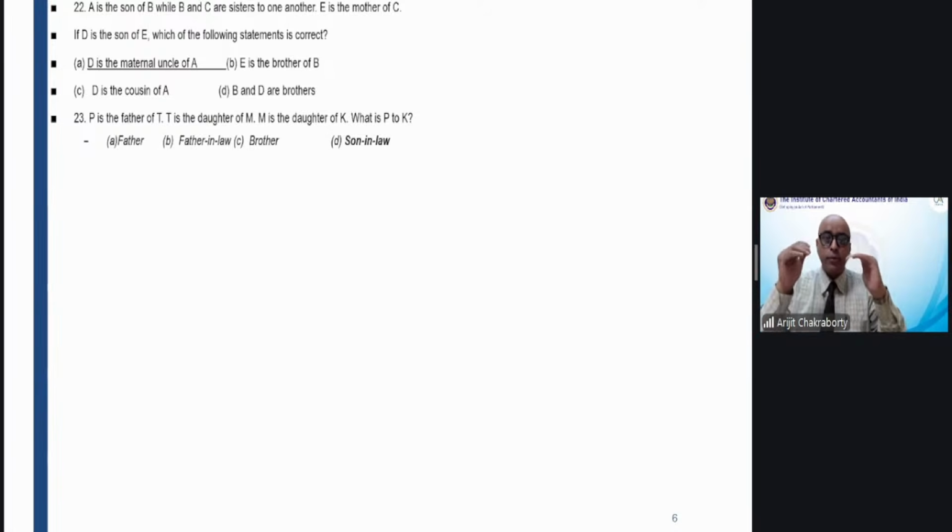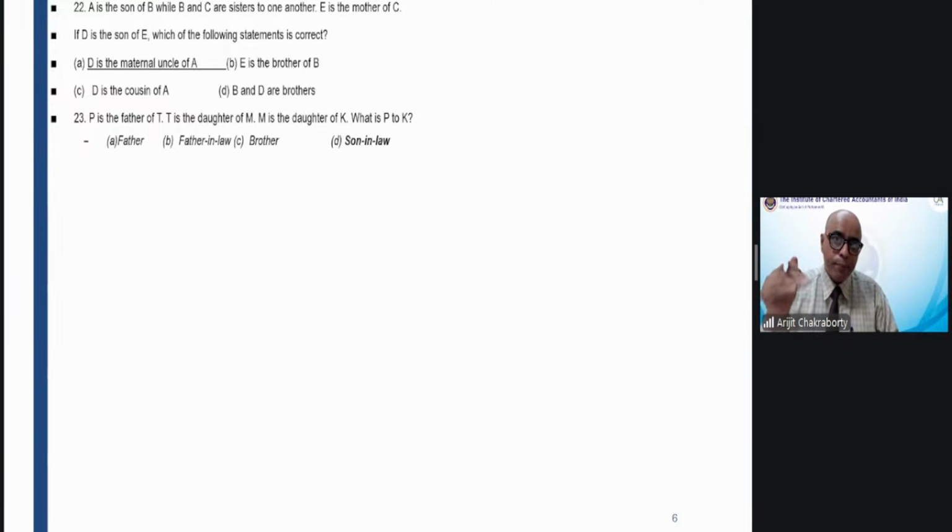First we have T, the lowest, the current generation. Above T are the mummy and papa, P is the father and M is the mother. M is the daughter of K. We don't know the gender of K, but it doesn't matter much here.